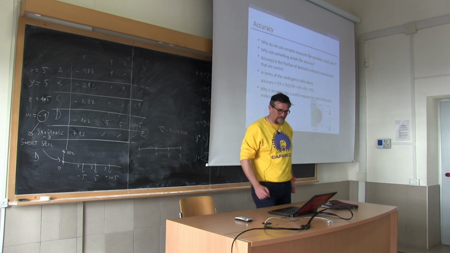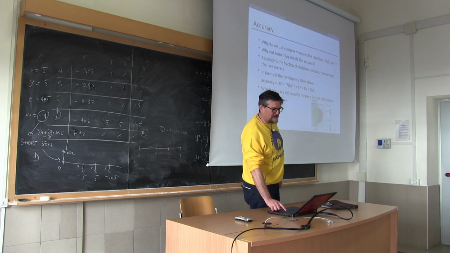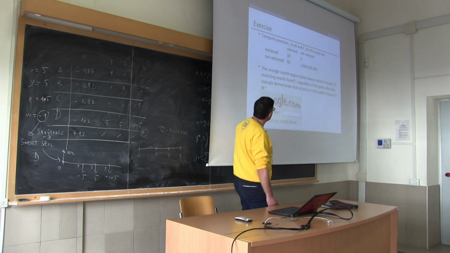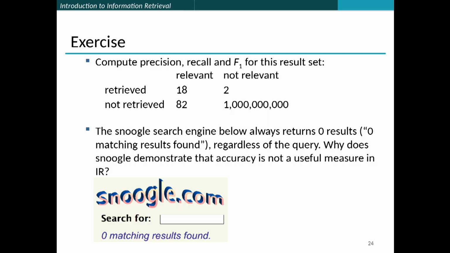Okay? So this is indeed the example of Snoogle.com. It's a search engine that will always return 0 results, as you observed. And clearly, this will always have a very high accuracy.